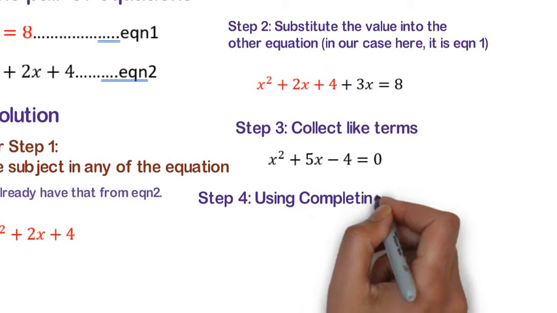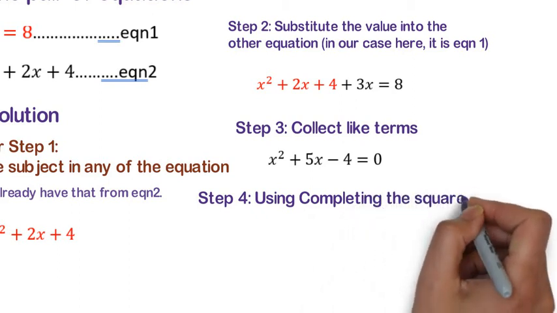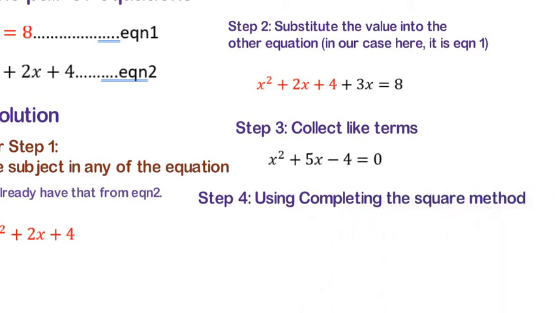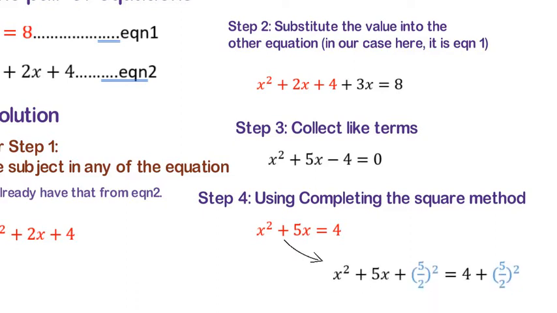So our step 4, we take the constant to the right hand side. We'll have x² + 5x = 4. We'll add the square of half of the coefficient of x to both sides of the equation. We will have x² + 5x + (5/2)² = 4 + (5/2)².